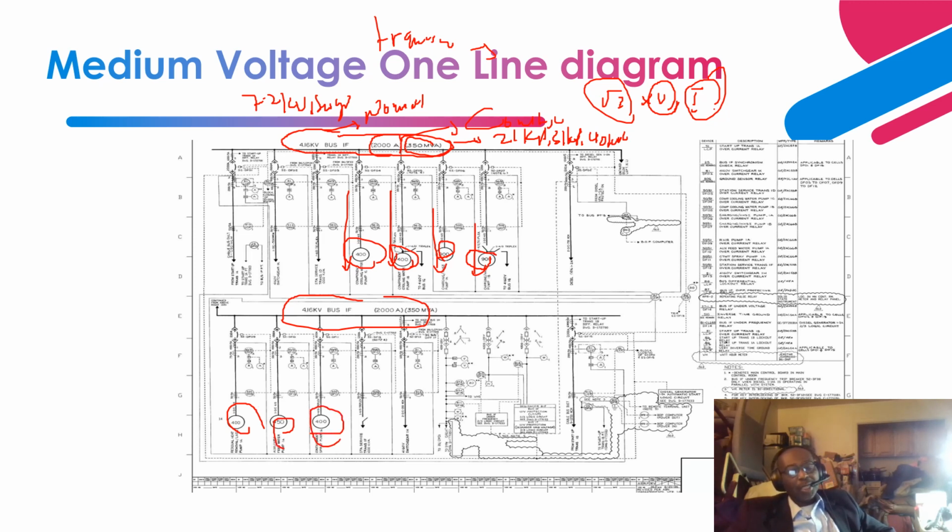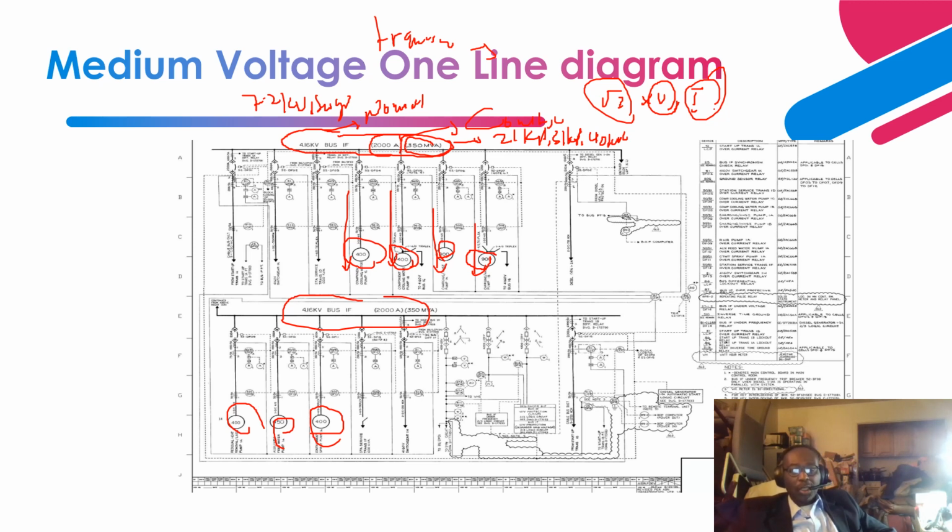Like I indicated, and I'm emphasizing, the goal of these auxiliary switchgears is to provide power and voltage to all the auxiliary loads, which includes motors, etc., in the power plant.